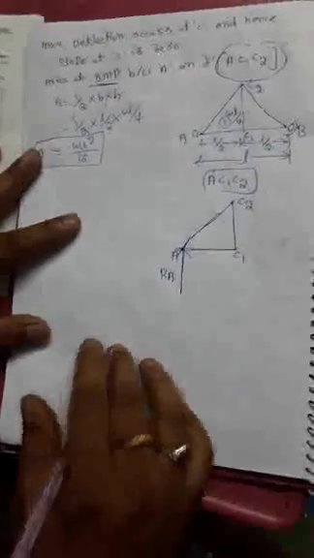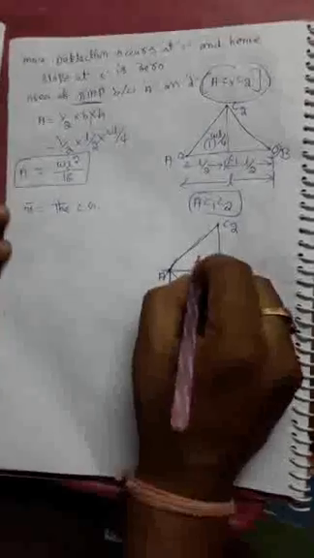Support RA is from A, and X bar is the center of gravity. This is the center of gravity CG for this diagram.